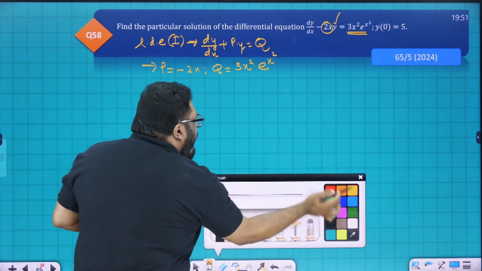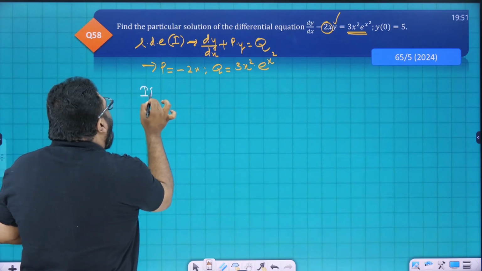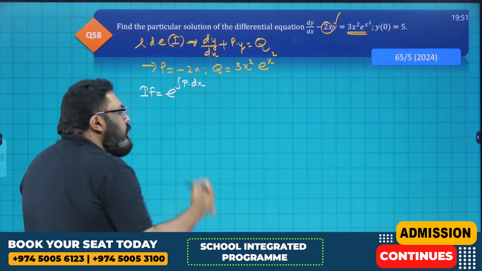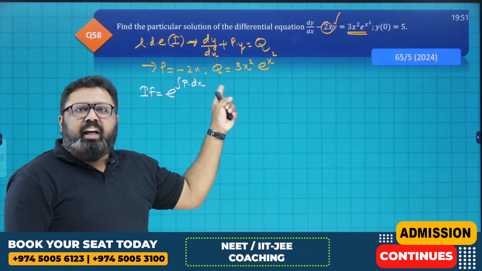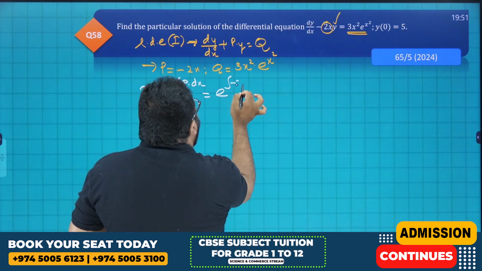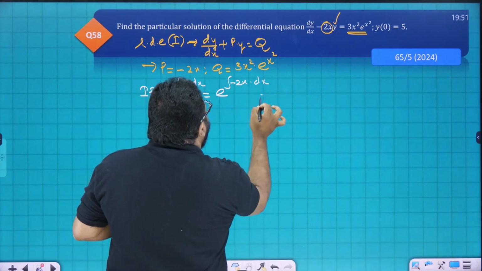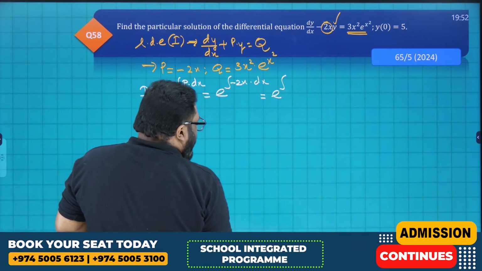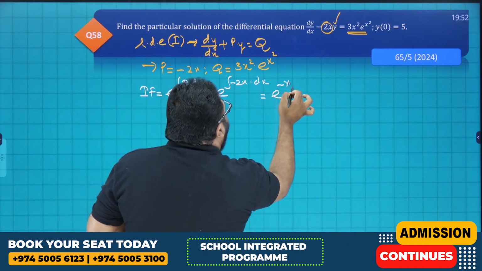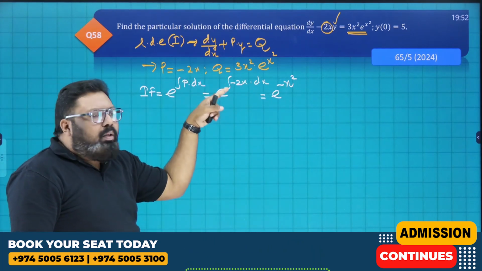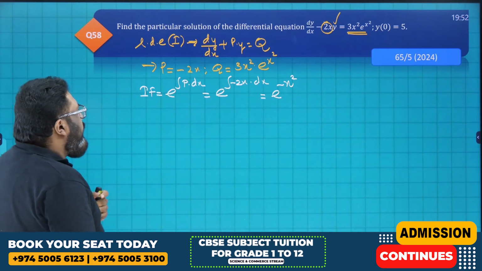Now formula for integrating factor of LDE type 1, e raised to integral pdx. P is minus 2x. So that is equal to e raised to integral minus 2x, which is equal to e raised to minus x squared. Because it is minus 2x squared by 2, 2 cancels off, minus x squared.